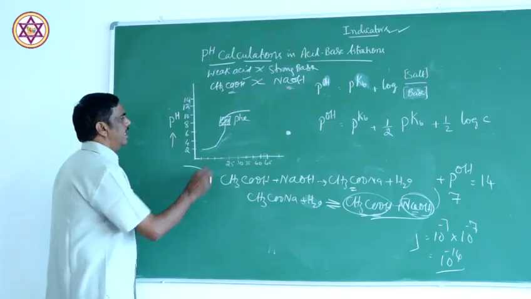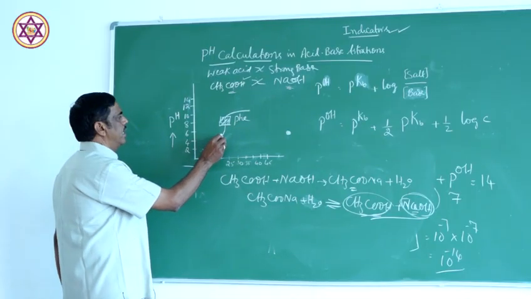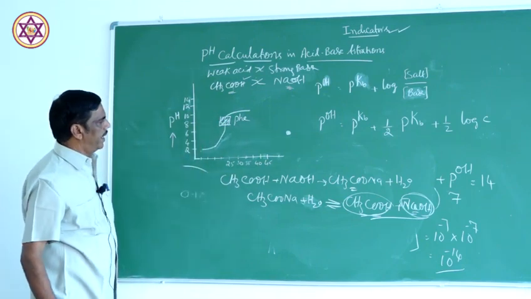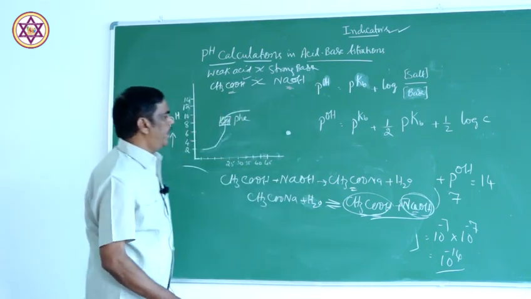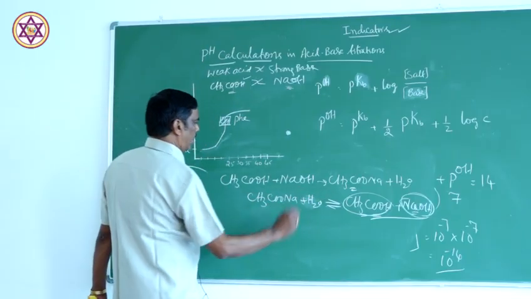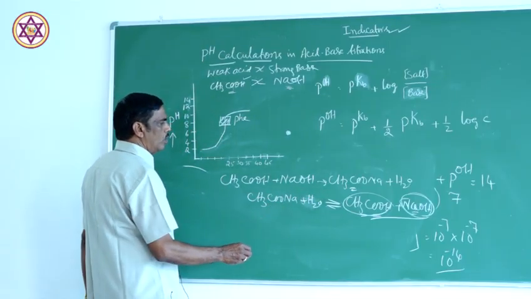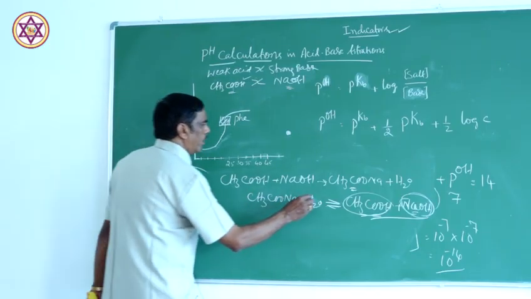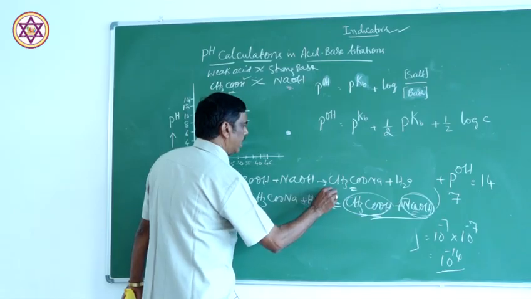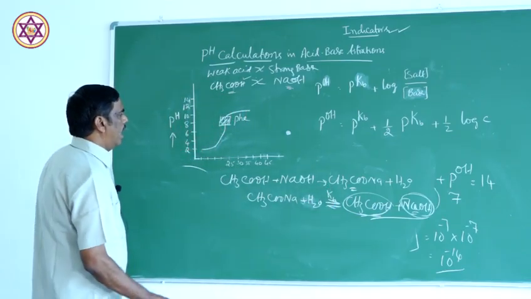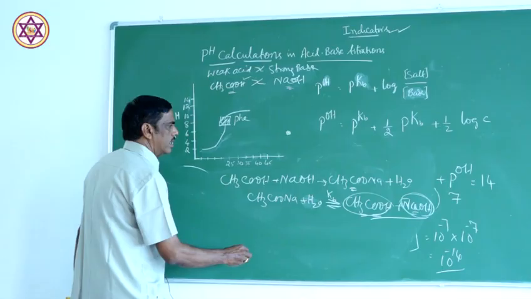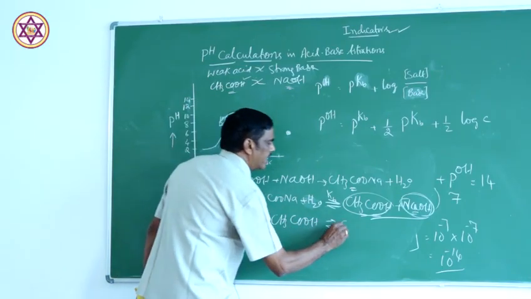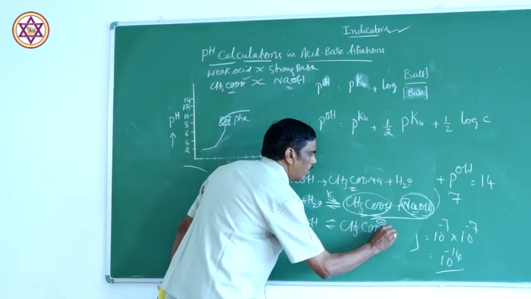Since this is weak acetic acid, there is no rise in the pH in the acidic medium, only a change in the pH in the basic medium. And also we can calculate the pH of this reaction by using an equation. Now this is hydrolysis, Kh, the hydrolysis constant. Here acetic acid undergoes ionization. This acetic acid which is formed here ionizes to form CH3COO minus plus H plus.